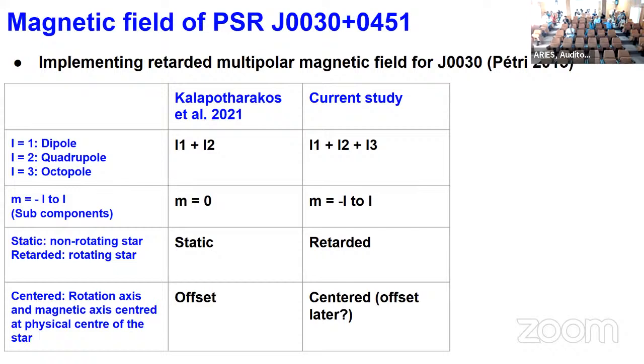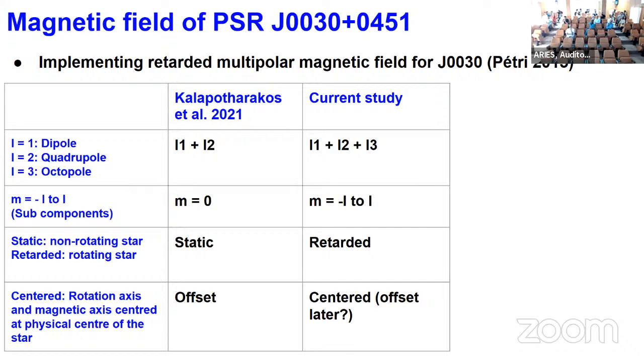So what we are doing now is, for a beginning, going up to the L3 component. So we have one extra component, and we have all these subcomponents, with no assumptions about limiting them. And it's a retarded field. So now my star is rotating, and my field lines are rotating, which is what actually happens. So it's more realistic.